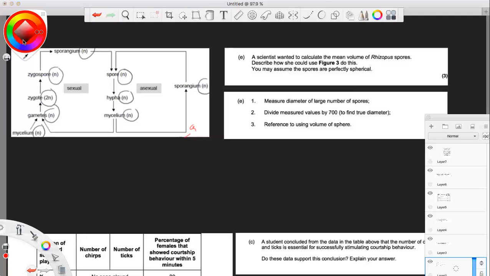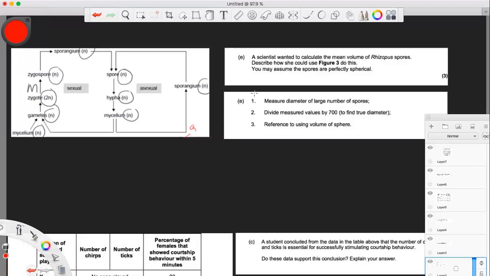So if we want to know where meiosis is happening, it's going to be happening on that arrow, because this is where the cells go from diploid to haploid.